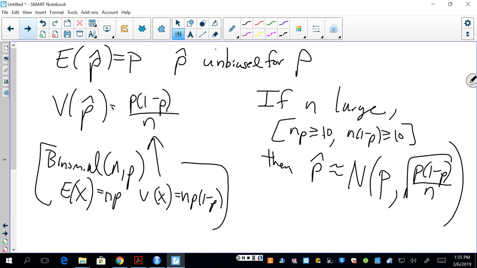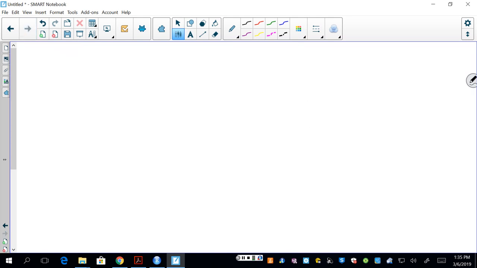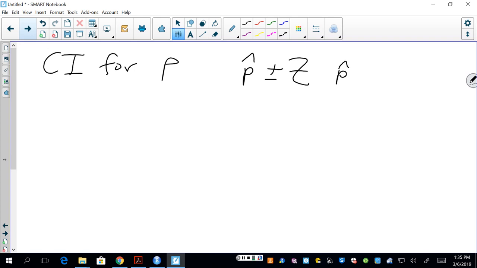But the complication here that's a little bit different than the normal one, with the mean, with the mu and a separate sigma, is that p's in there. So it's given the fancy name of the plug-in estimator when you just take p hat and plug it in for p. And so the confidence interval for p has this form of p hat plus or minus a normal value times the square root of p hat 1 minus p hat over n.